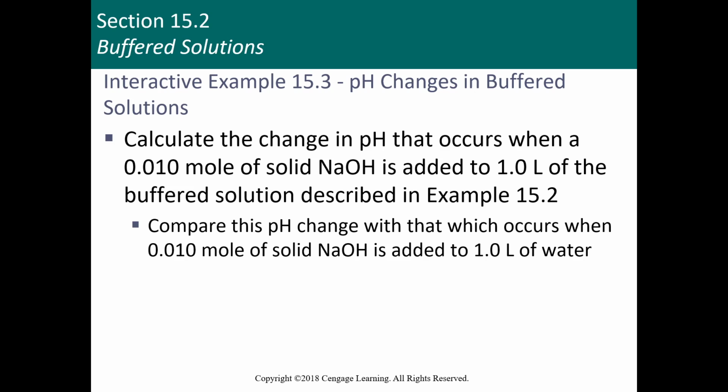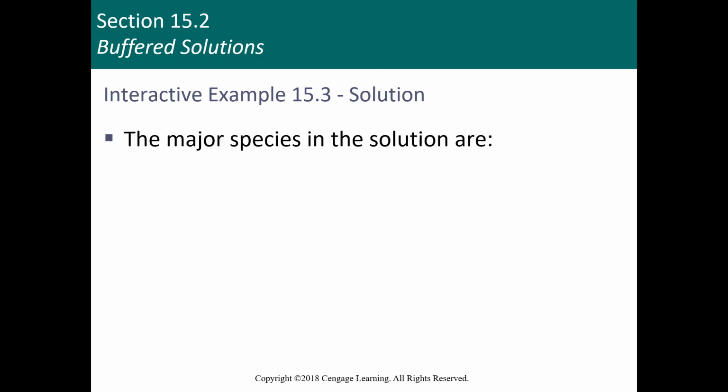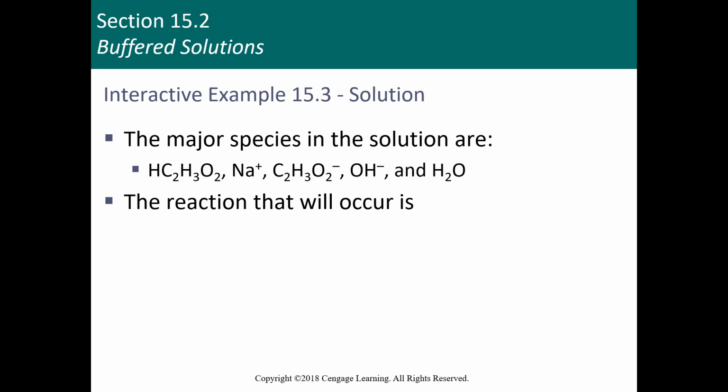Let's compare this pH change with what occurs when we add 0.1 mole of solid NaOH just to water. First off, we had a previous example, which is a buffer solution, remember. That's the acetic acid with the acetate anion that we just looked at in the previous problem.